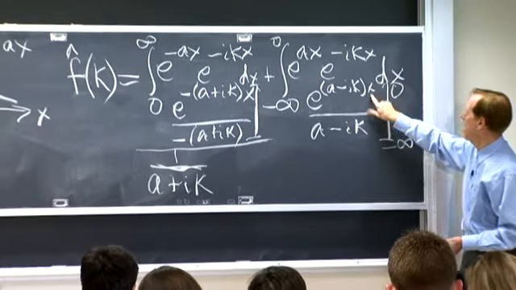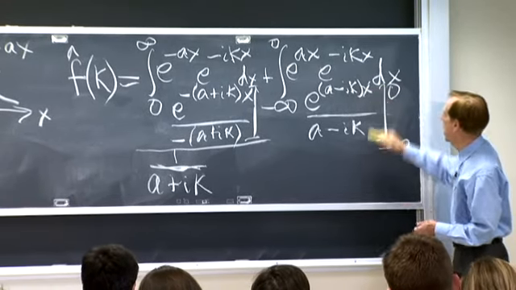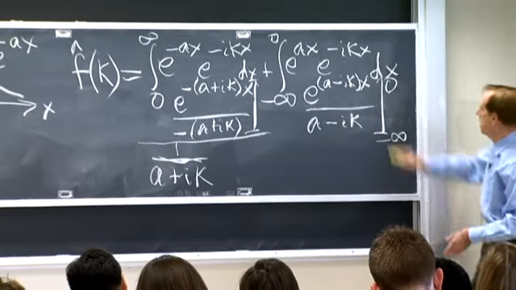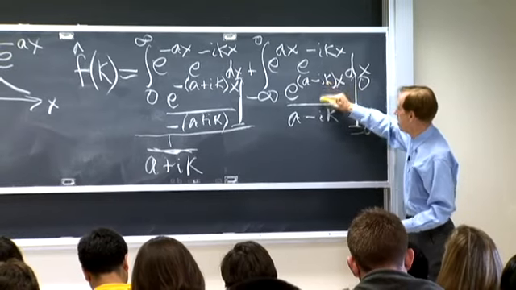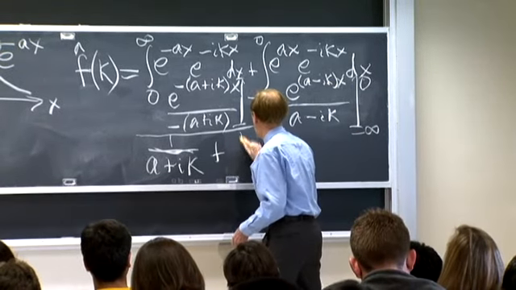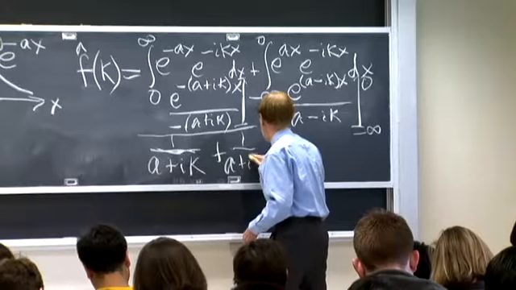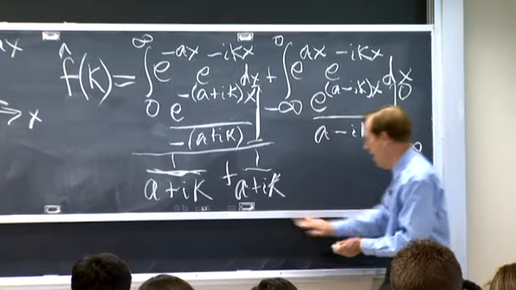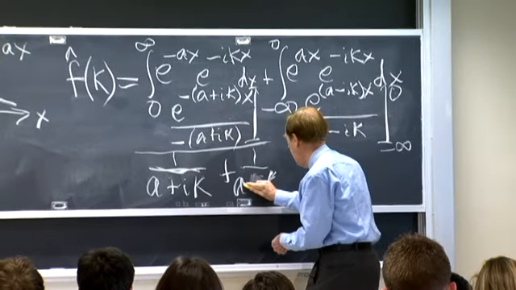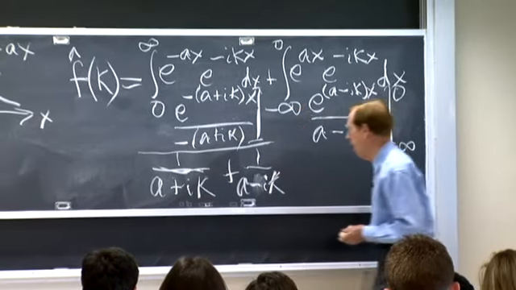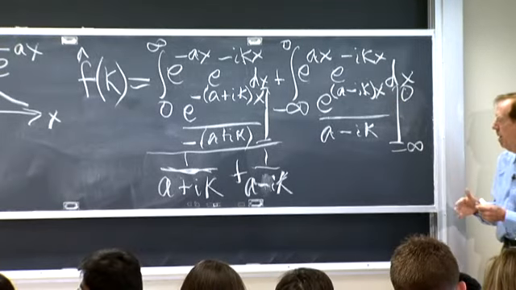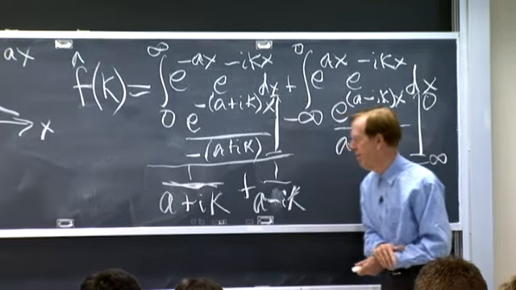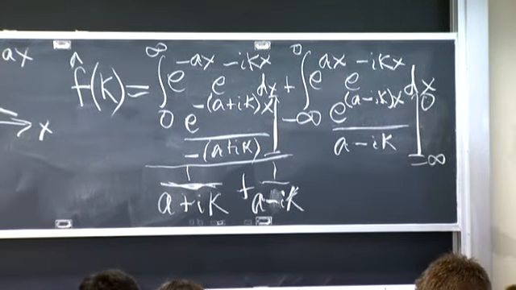This e to the ax at minus infinity will be 0, where the function starts way down at 0. And at x equals 0, this is a 1. So I just get 1 over a minus ik, thank you. Yeah. And somehow it can't be an accident that this is the complex conjugate of that. Somehow, that's not a surprise.